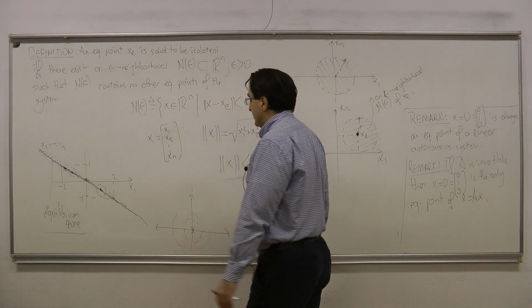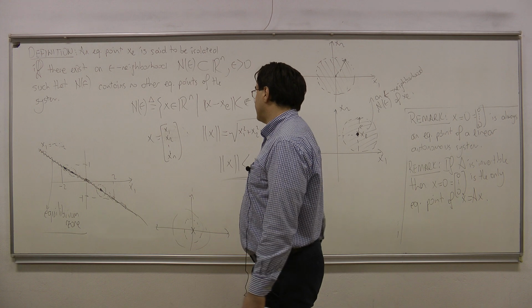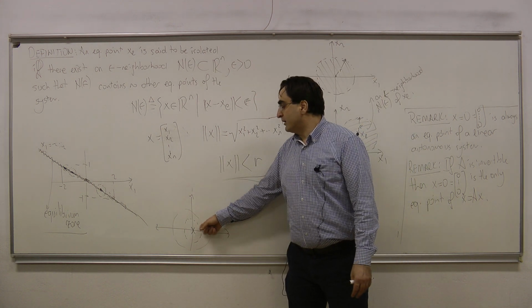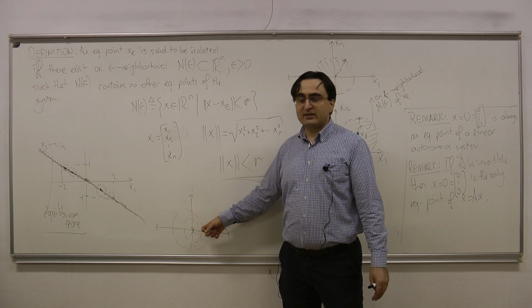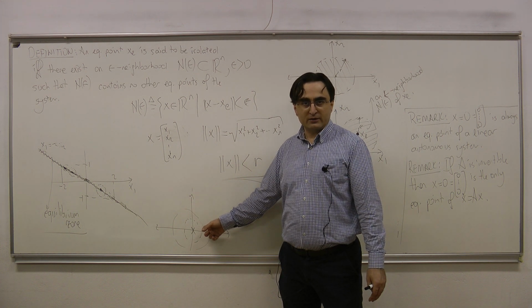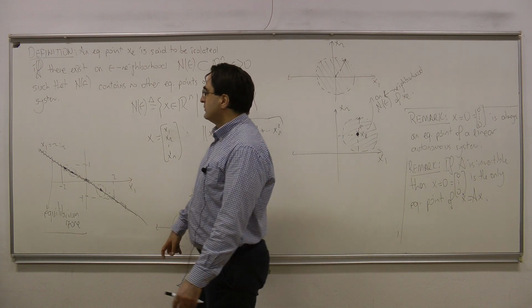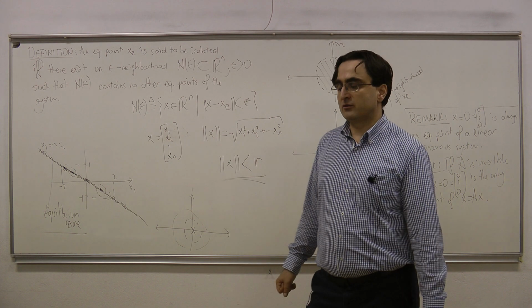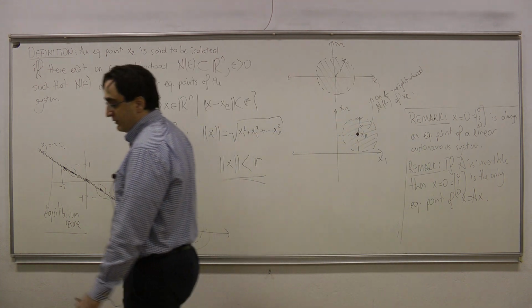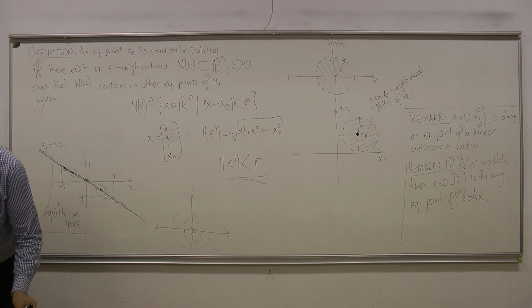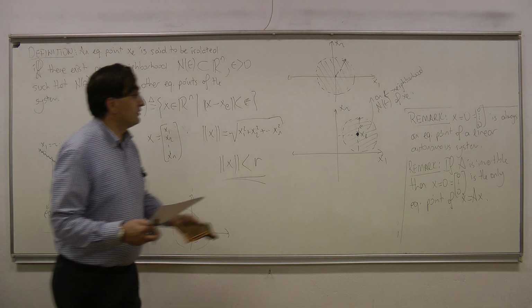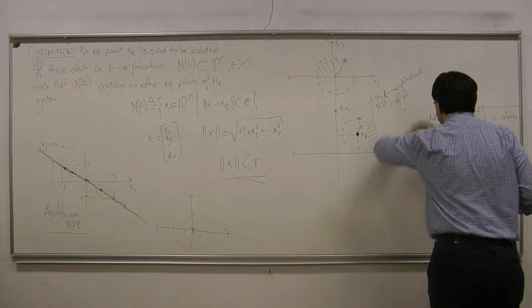So what can I say here? I can actually say that linear autonomous systems have either a single and isolated equilibrium point at the origin, or they have infinitely many non-isolated equilibrium points. Okay? That is the ultimate fact about the equilibrium points of a linear system. Now let us try to write this as a remark.